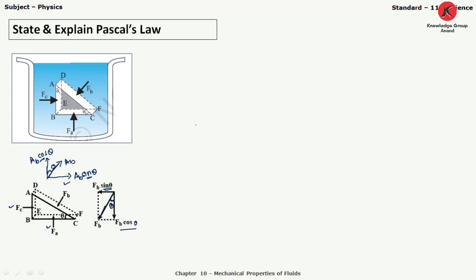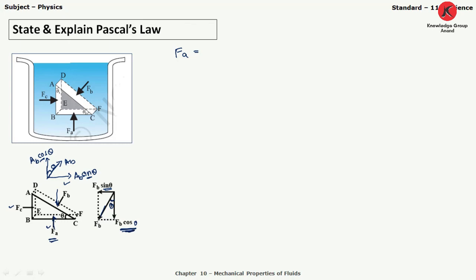Right. Now we can write the equation for different surfaces. So here we have FA. If we want to write the equation for FA, here the force is FA, and in a similar way this component of force that we have drawn here is FB cos theta.